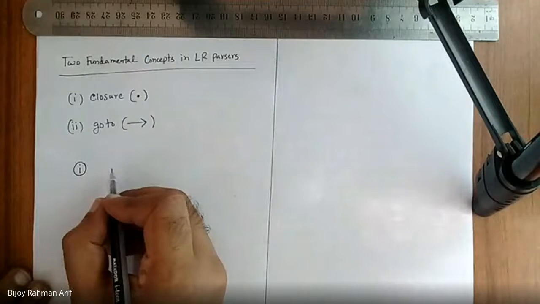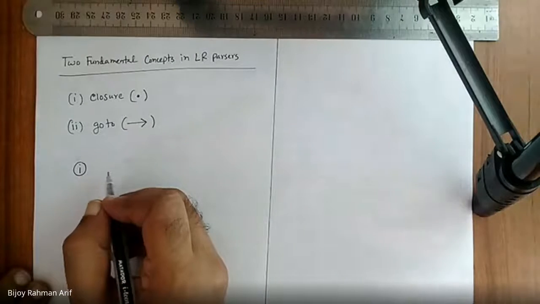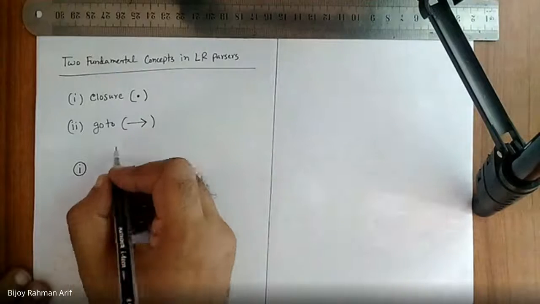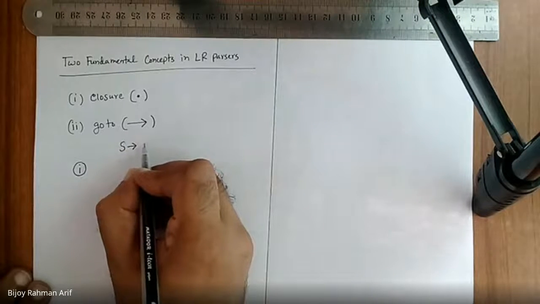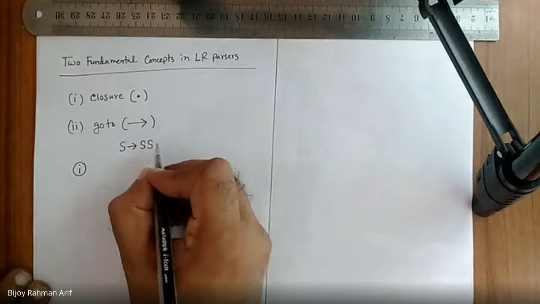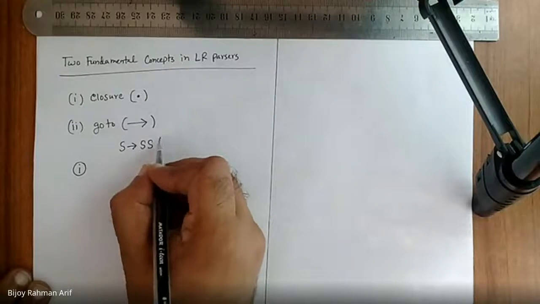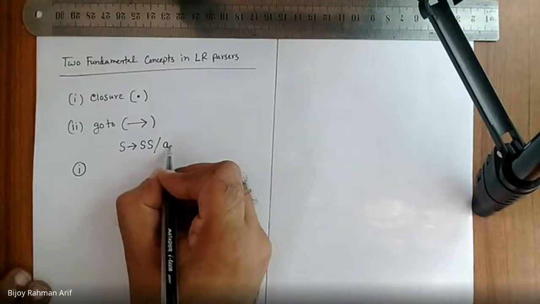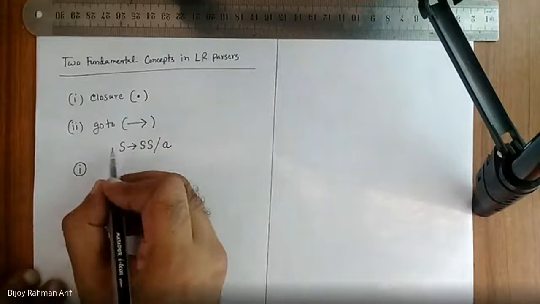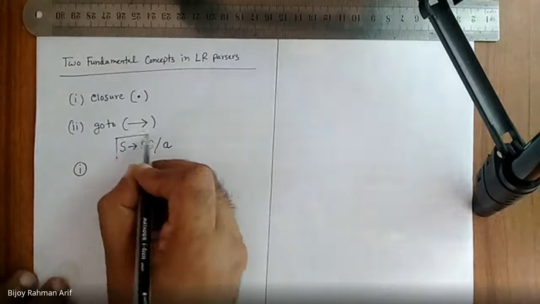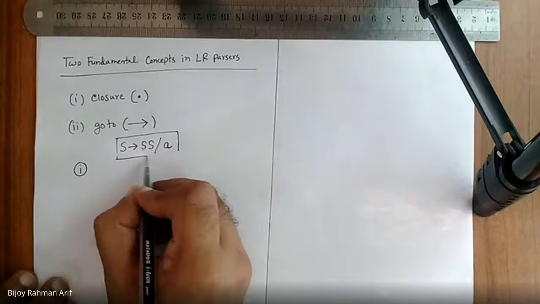Let's assume my grammar is like this: S' to S, S to SS, or S to a. Did you get the grammar? Only two productions: S to SS or a.